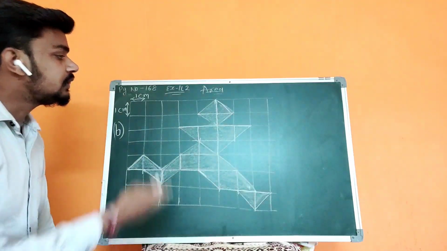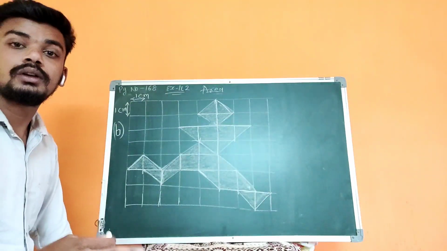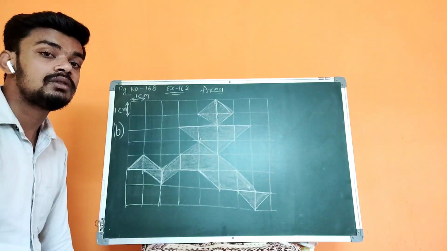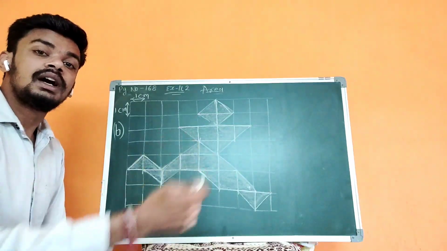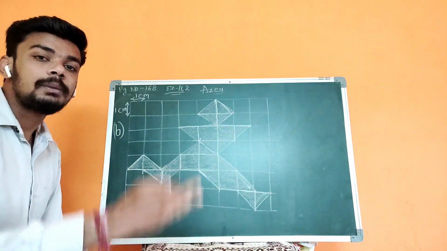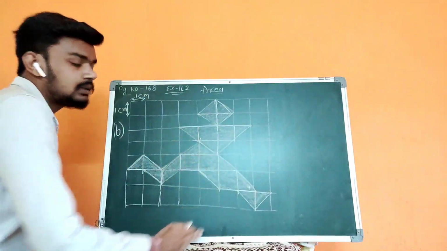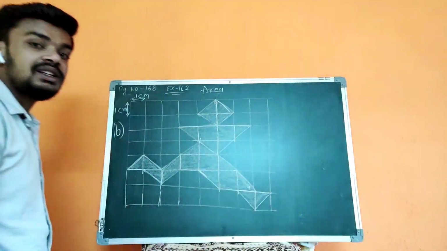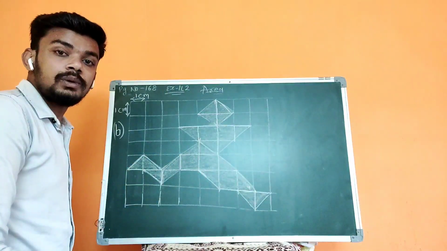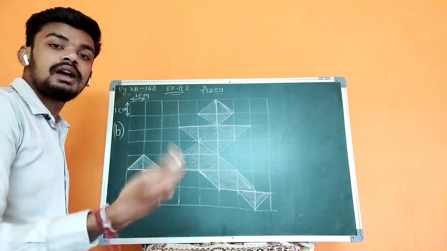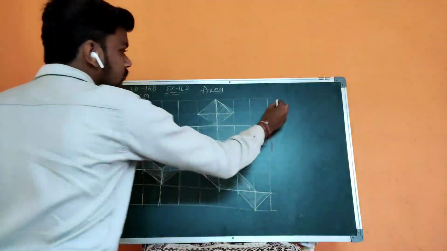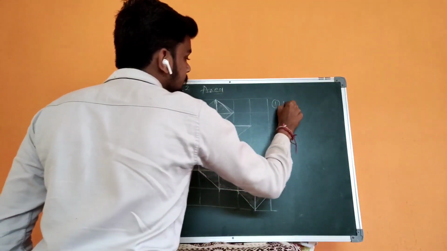If it is a half square, the area is obviously half, meaning half a square unit. So here we just have to find the number of full squares and the number of half squares.